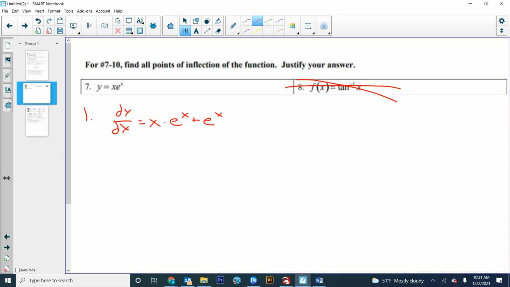Step 2. Well, it's asking me for points of inflection, so I'm going to find the second derivative. Isn't the derivative of this term a product rule? And what is it? It's this. Isn't that weird?